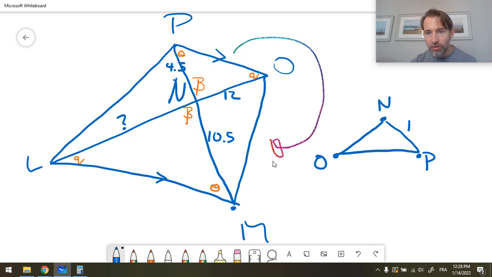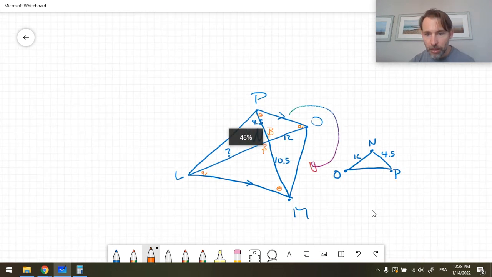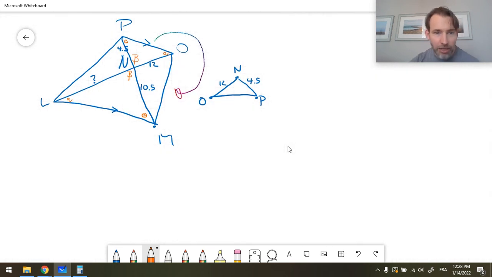NP was 4.5, and O was 12. This side, I don't know, don't care. Now let's draw this other triangle in orange. I'll make this a little smaller and move this there. Because I rotated that one, I don't need to rotate this one, and all the sides line up nicely.